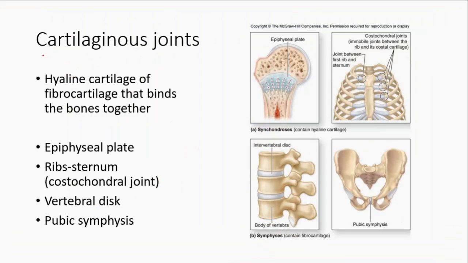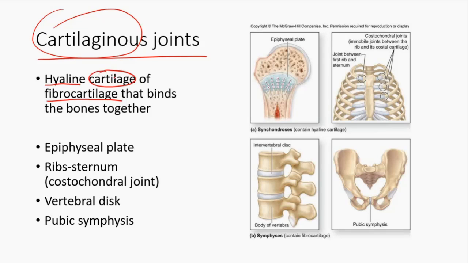So the final one is your cartilaginous system. In your cartilaginous system, I said system, I meant joint. So your cartilaginous joint, as the word says, is made out of cartilage. So it's either hyaline cartilage or fibrocartilage. Just remember that it is made out of cartilage.